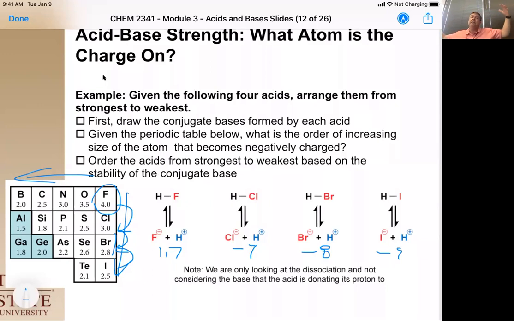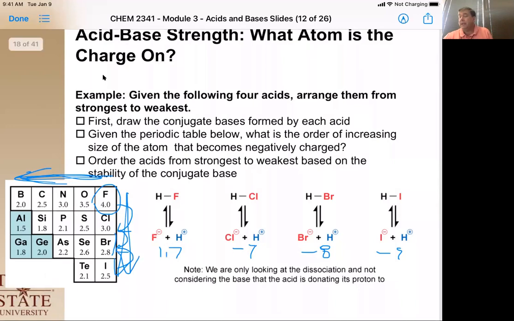And iodine's even larger, driving it to be the most acidic of the set. Okay, so we have to compare electronegativity versus size. And notice in the first row here, they're all about the same size when they form the anion, so all we're looking at is the effect of electronegativity. When we move down a column, we're looking at the effect of size.